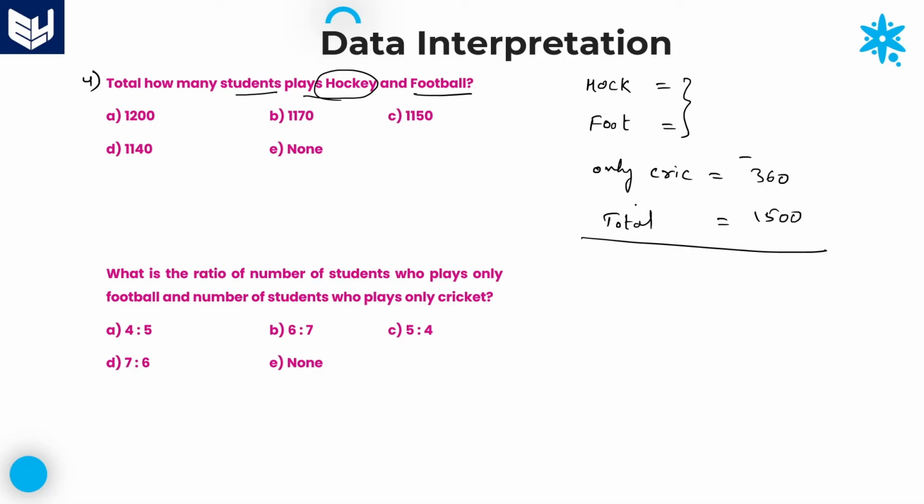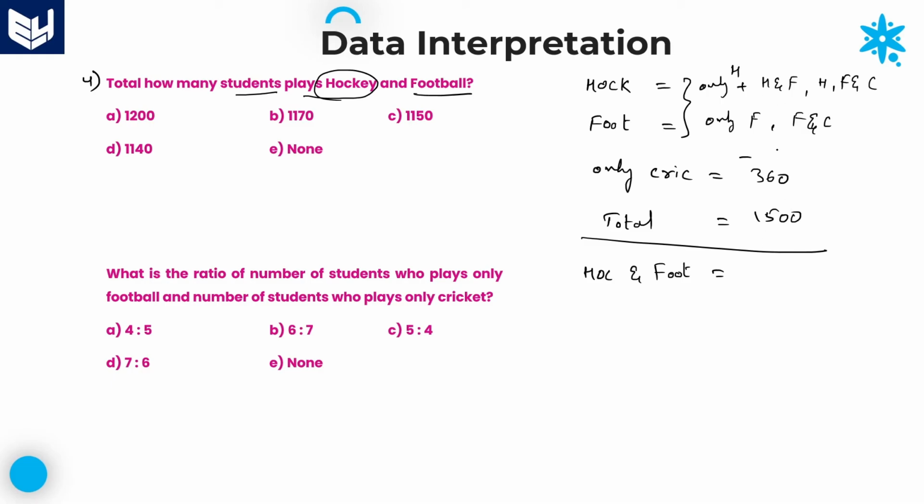He is not asking us to calculate both together. He is asking how many members are playing hockey as well as football. You could take only hockey, or hockey and football combination, or hockey, football and cricket combination, or only football, and football and cricket combination. All these combinations you take out.